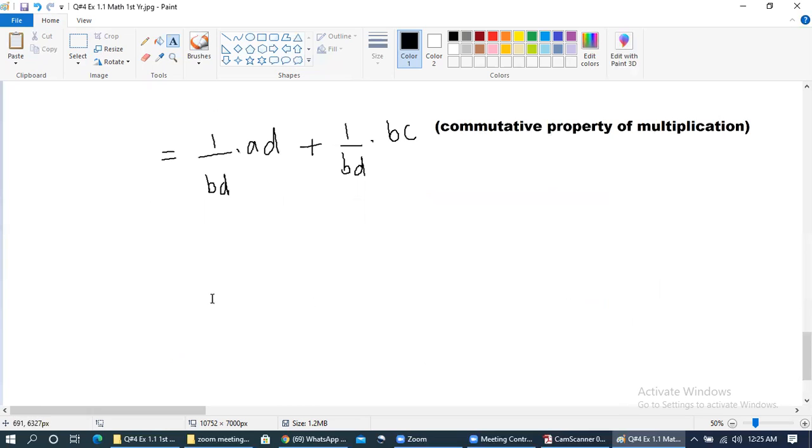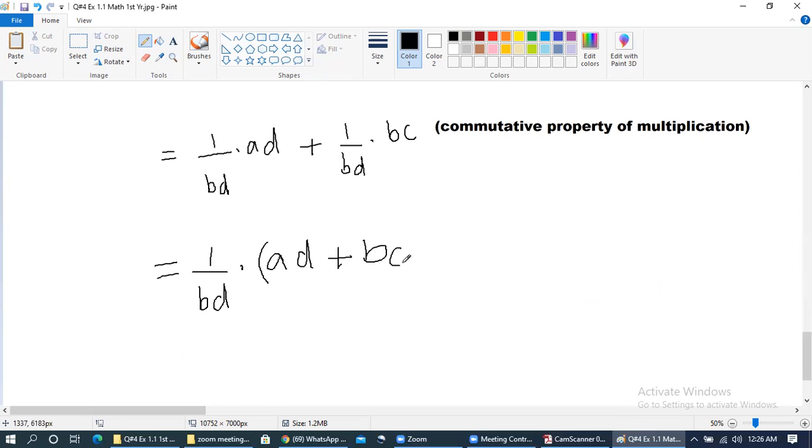Now in the next step, you can see here that 1 by BD and 1 by BD is found in both of these, written on the left hand side. Therefore, this is following the distributive property, the property in which you are taking common. So 1 by BD is common into the remaining AD plus BC.